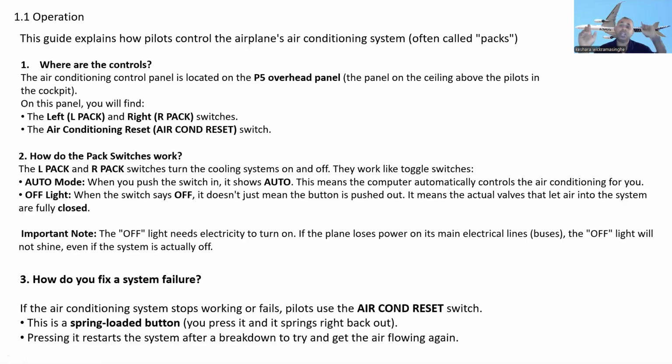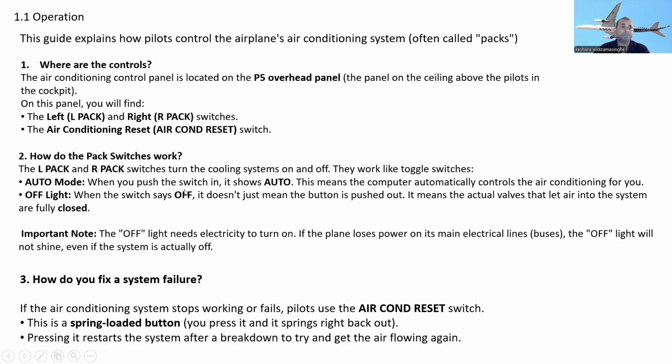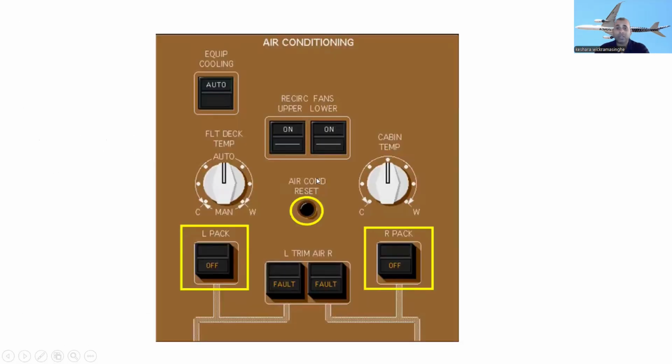There are two switches for the left and the right. This is the L pack switch and this is the R pack, meaning right pack. And you can also find the air conditioning reset switches, the aircon reset switches.